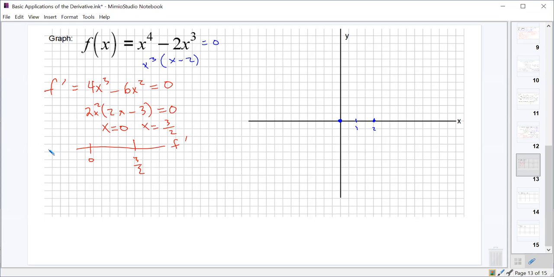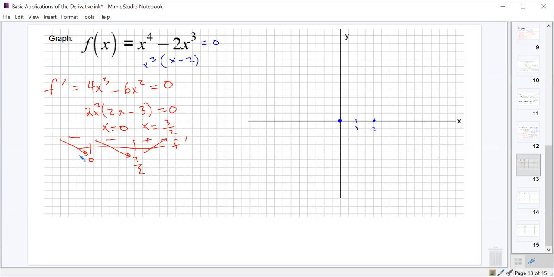If I plug in something between 0 and 3/2, like 1, I'm going to get a positive and a negative. So I'm decreasing. And if I plug in something greater than 3/2, like 1,000, I'm going to get a positive and a positive. So I'm increasing. And a negative number is going to give me a positive and a positive and a negative. So we're going to still be decreasing there. Everybody good with that?